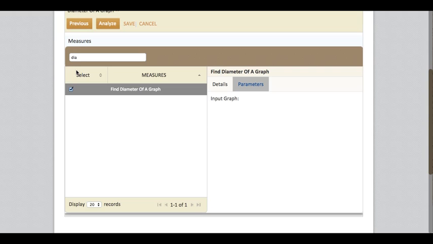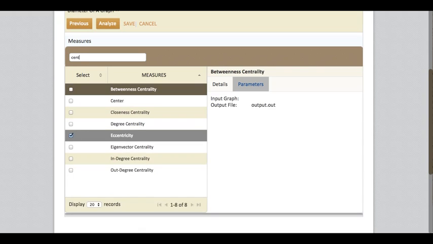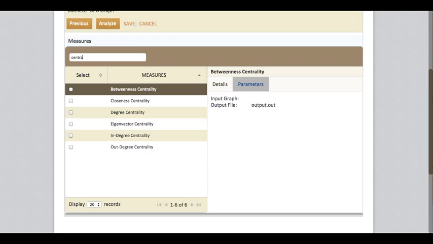For all the centrality metrics, betweenness, 1, 2, 3, 4, 5, 6.